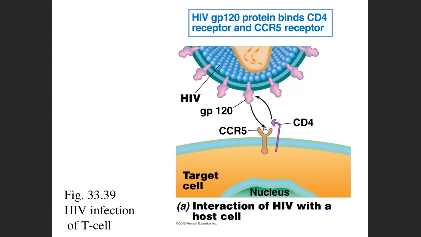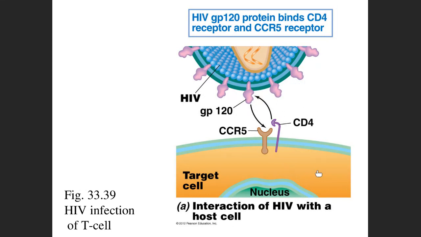CCR5 is a protein on the surface of most of our cells. And CD4, remember, is on the T helper cell, right? So now the HIV virus is targeting the CD4 T helper cell.